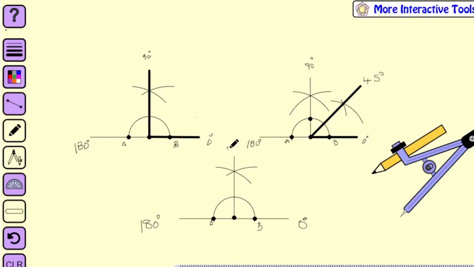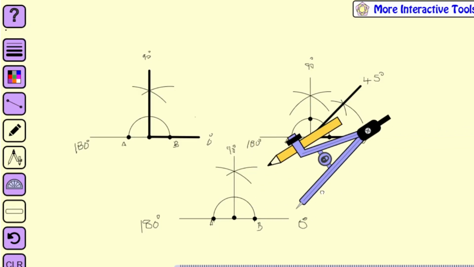Now, when we wanted to get our 45 degrees, please note we did it on the right-hand side. Once it's done on the right-hand side, it is less than 90, so it's an acute angle. We want the opposite of 45, which is 135, which is greater than 90 but less than 180. So it's an obtuse angle, so we have to do it on the left side.